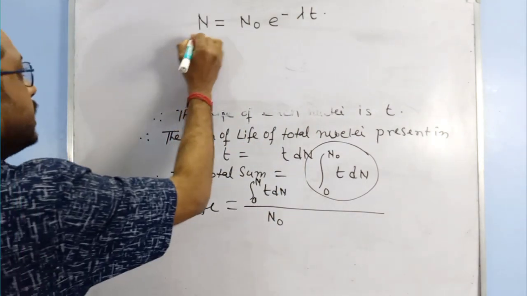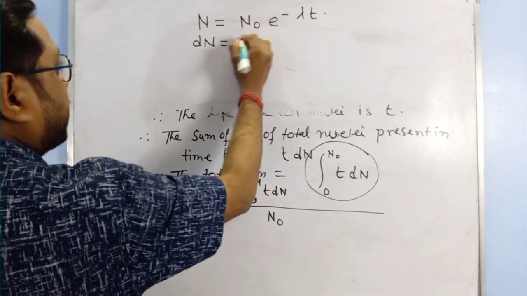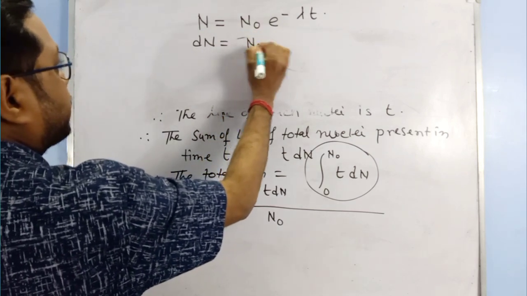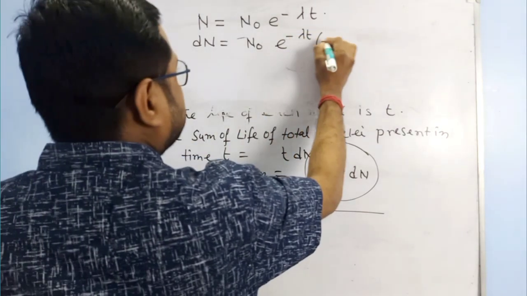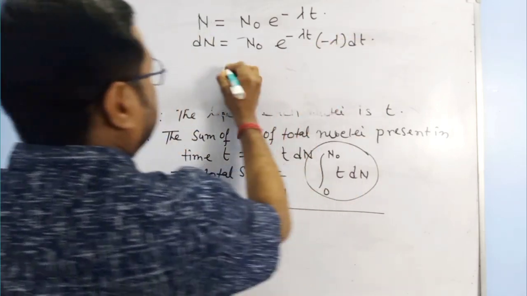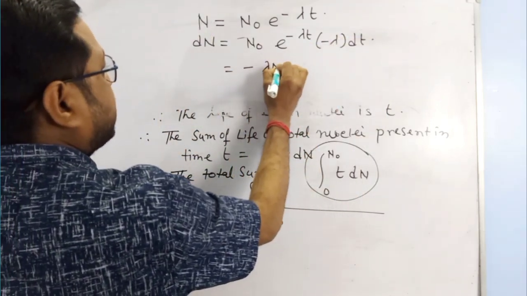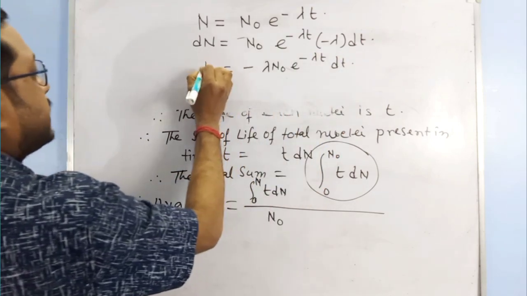If you take the derivative, we get dN equal to N0 e to the power minus lambda t into minus lambda dt. So, minus lambda N0 e to the power minus lambda t dt, which is dN.